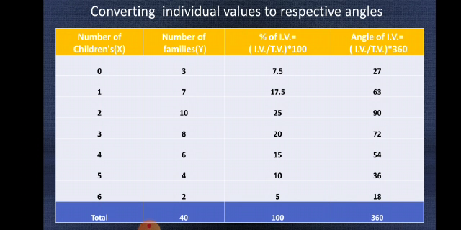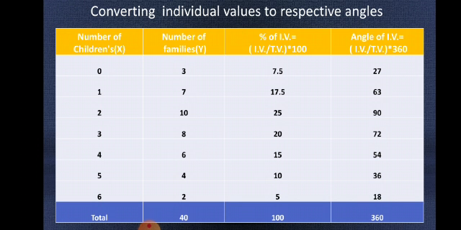How is that done? The percentage of an individual value is equal to the individual value divided by the total value, multiplied by 100. That is 7.5 percent. So 7's contribution in 40 is 17.5 percent, and 10's contribution in 40 is 25 percent. Like that, we did it for all the individual values: 3, 7, 10, 8, 6, 4.